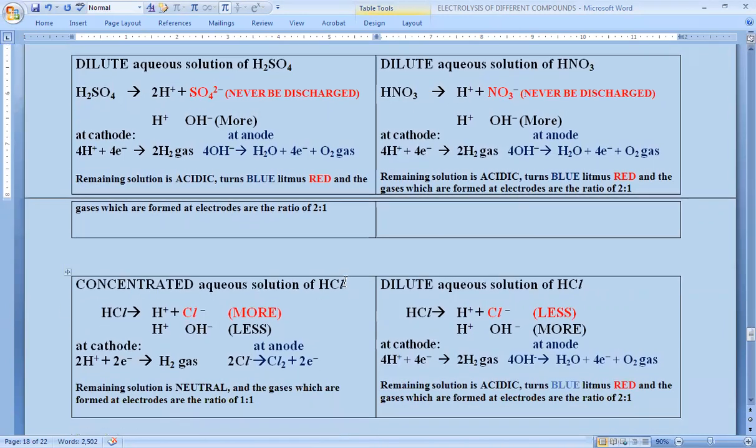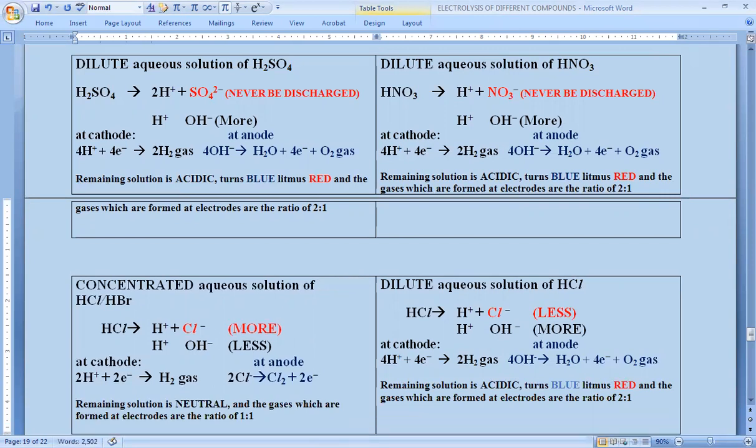In concentrated HCl, HBr, or HI, the results are the same. When HCl dissolves in water, or HBr or HI, the chloride, bromide and iodide are more in number. So they discharge at the positive plate, the anode, as chlorine gas, bromine gas, or iodine gas.